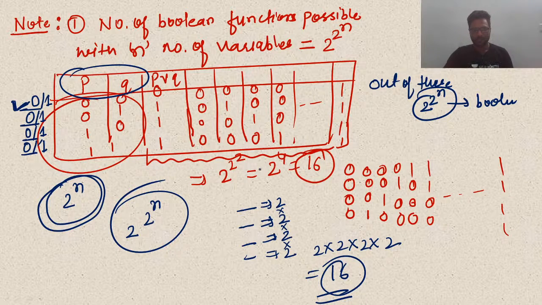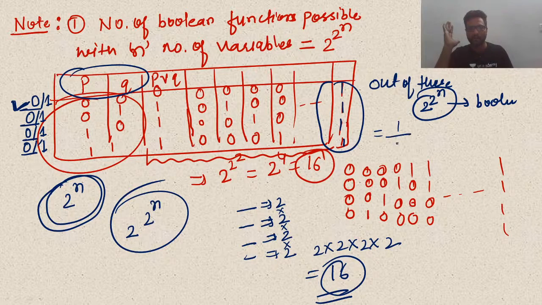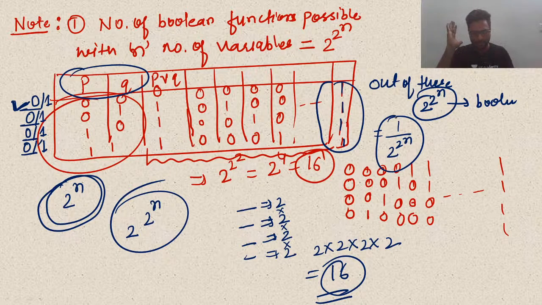Out of these total Boolean functions, only one possibility is there where all truth values are 1. So the probability will be 1 upon 2 raised to power 2 raised to power n.